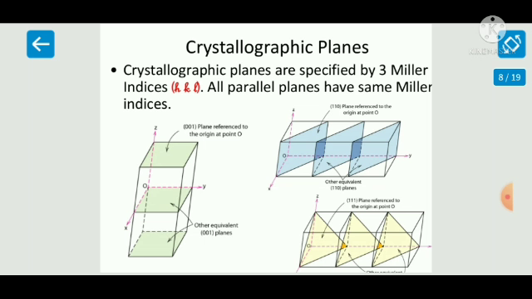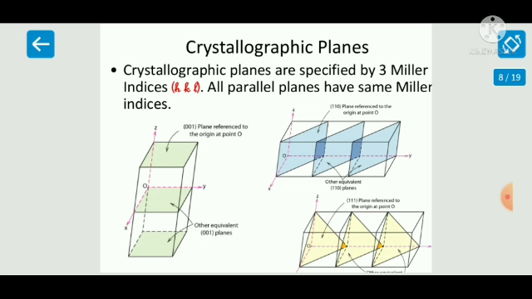See this: the plane refers to this origin at the point 0. These are the three-dimensional directions of the axes: the x direction, y direction, and z direction. The plane intercepts at 0 0 1, referring to this origin point. Another equivalent plane has the same 0 0 1 direction.